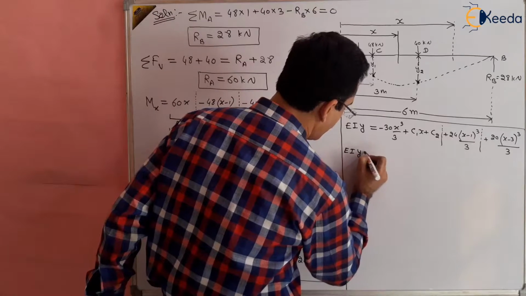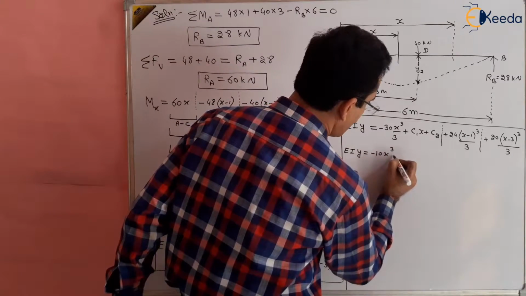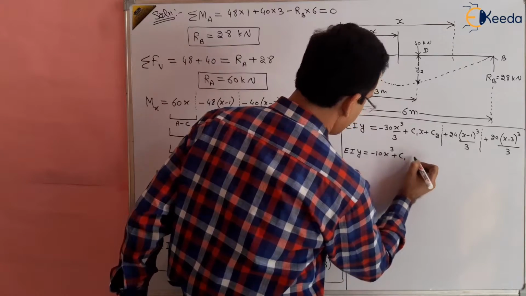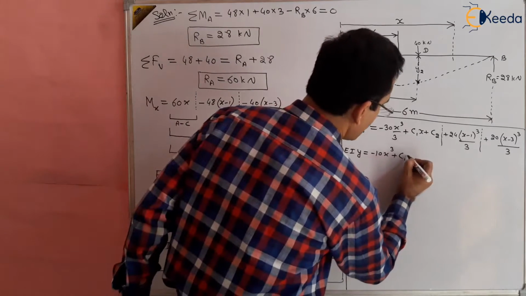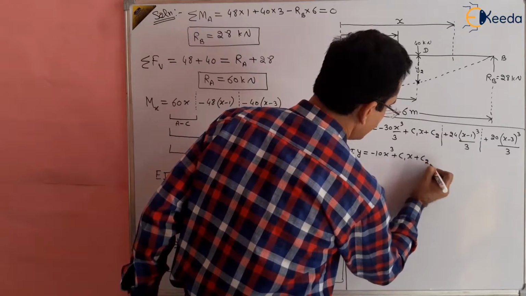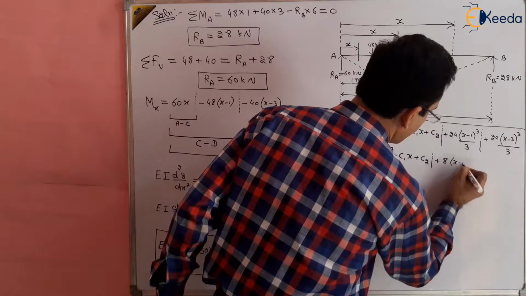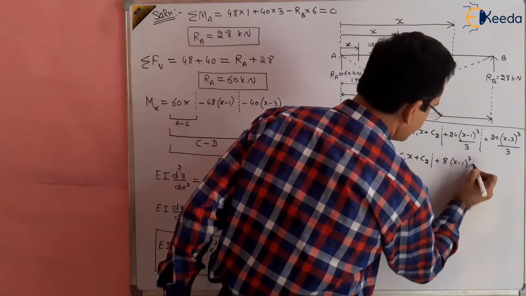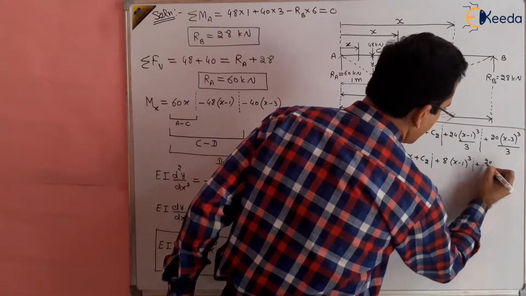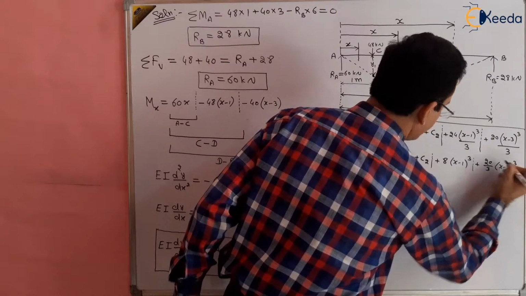EI y will be equal to minus 10 x cube plus C1 x plus C2, plus 8 x minus 1 cube plus 20 by 3 x minus 3 cube.